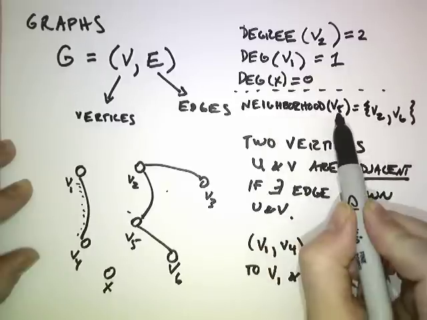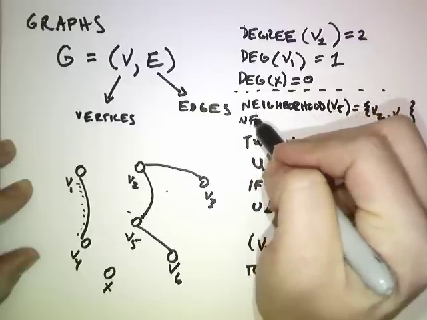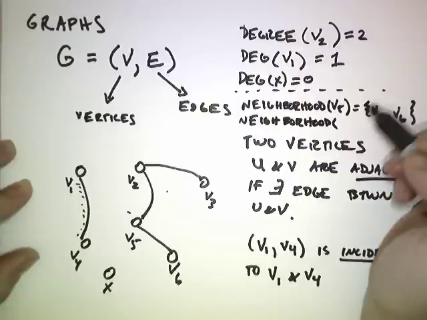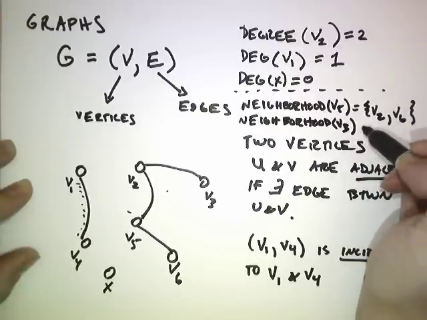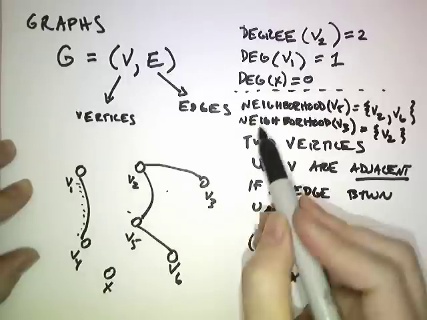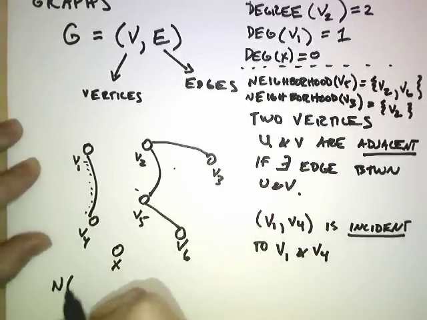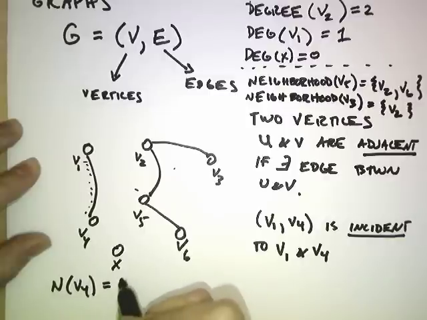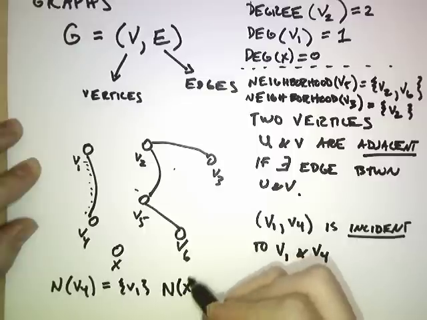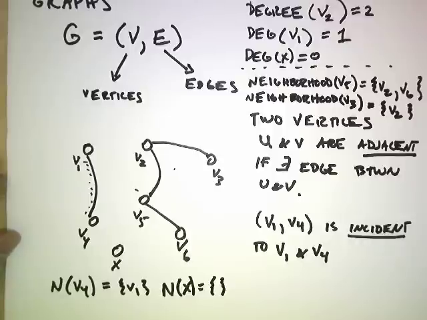The neighborhood of V3, well, that's just V2. And usually we abbreviate neighborhood with just N. So the neighborhood of V4 is just V1. I think you get the hang of it. And the neighborhood of X, it's empty because there are no neighbors for X.